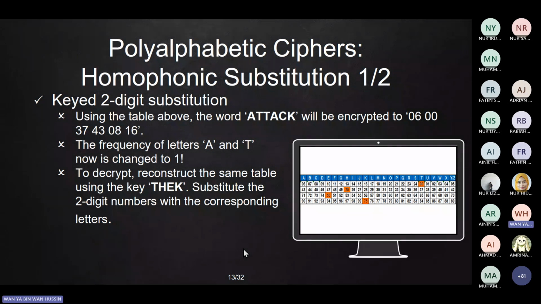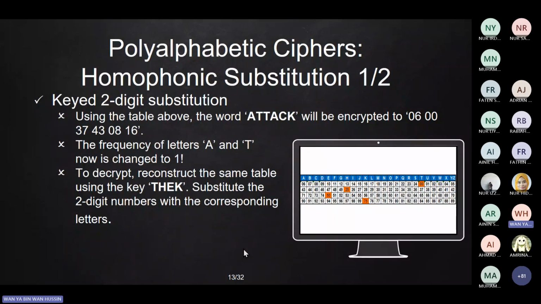Now we have 26 alphabets, but two digits means 00 to 99, which means 100 numbers. We divide by 4, and we have 25 numbers.